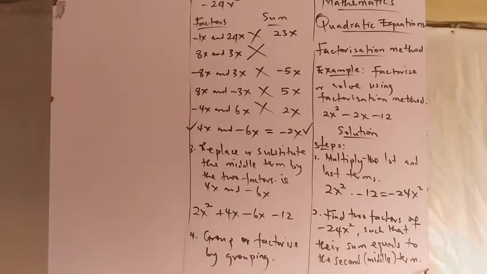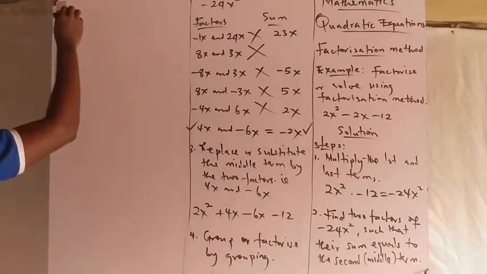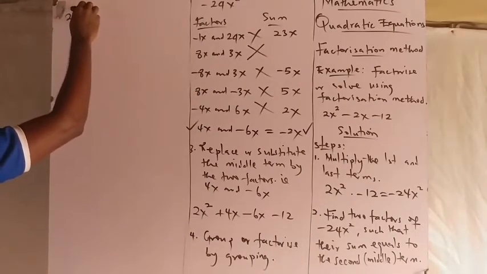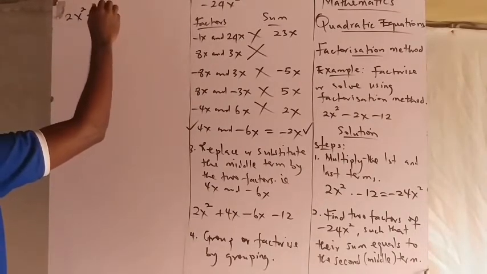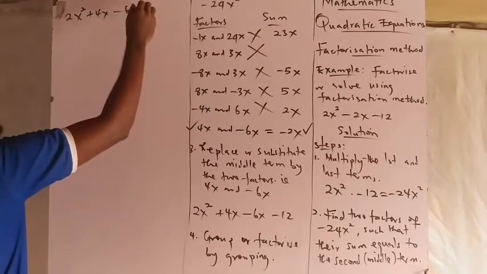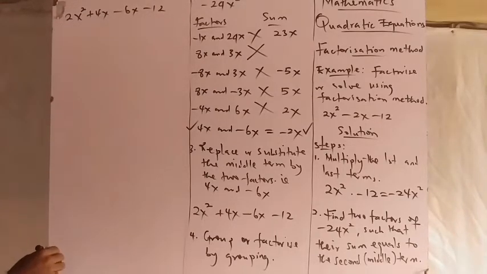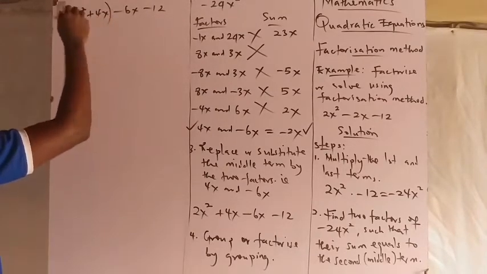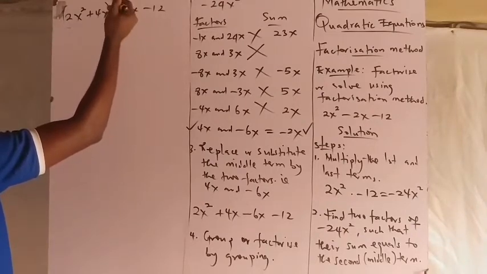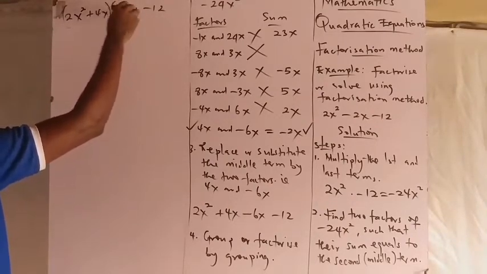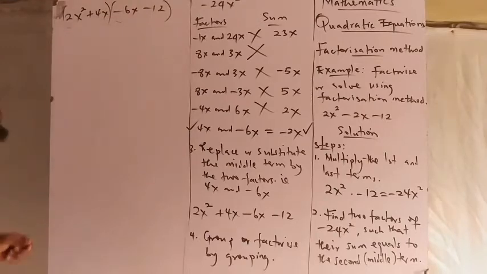Now, if I do that, I have 2x squared plus 4x minus 6x minus 12. If I do that by grouping, these two will be in one bracket, and these two will also be in one bracket.